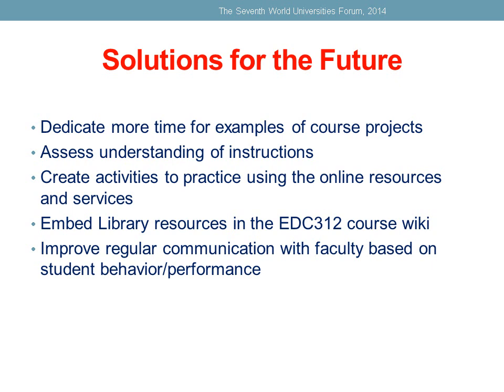The librarian will also create activities to allow students to practice using the library online resources and services. Finally, the librarian will embed a library resource module in the Education 312 course wiki and improve communication with the teaching faculty based on student behavior and performance in the classroom.